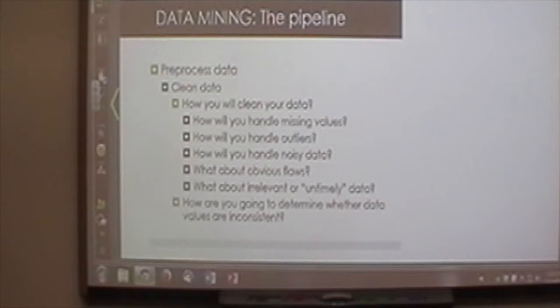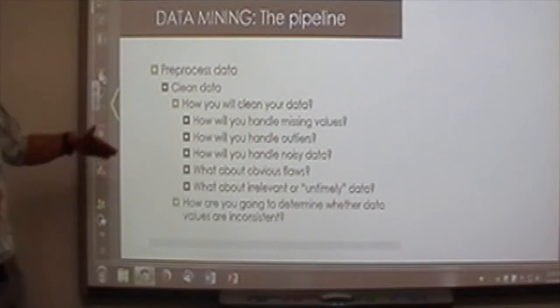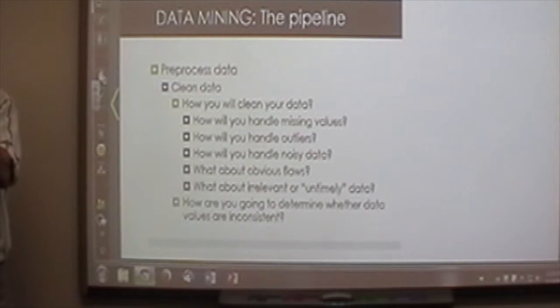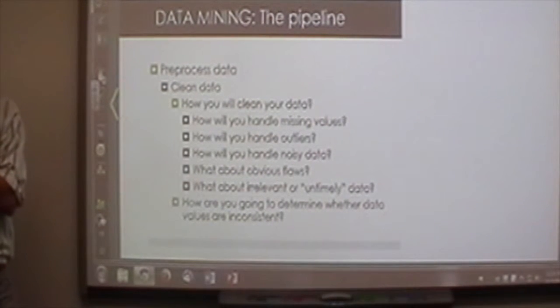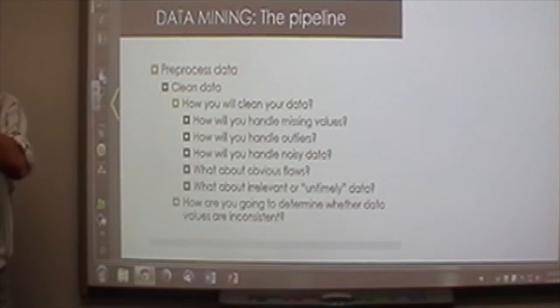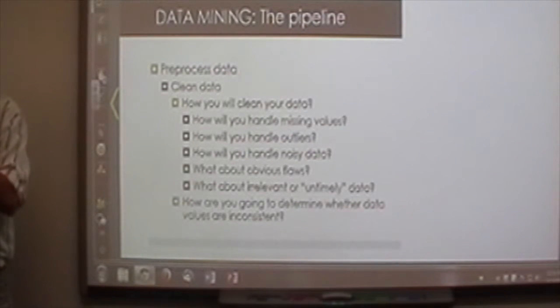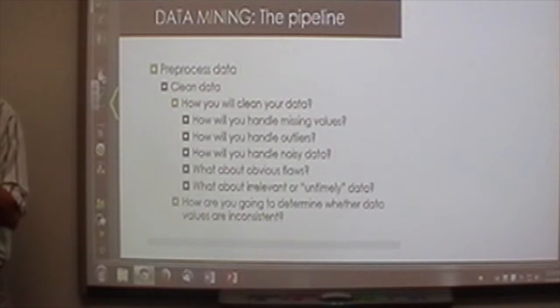Okay. So, these are more general questions still, but how are you going to handle missing values? How are you going to handle your outliers? If you discover outliers, what are you going to do with them? If you're saying you're going to just toss them, it's going to impact all the decisions made after that. Well, if there's one outlier in one of the attributes, but that ends up being a useless attribute anyway, you're just throwing out valid data.